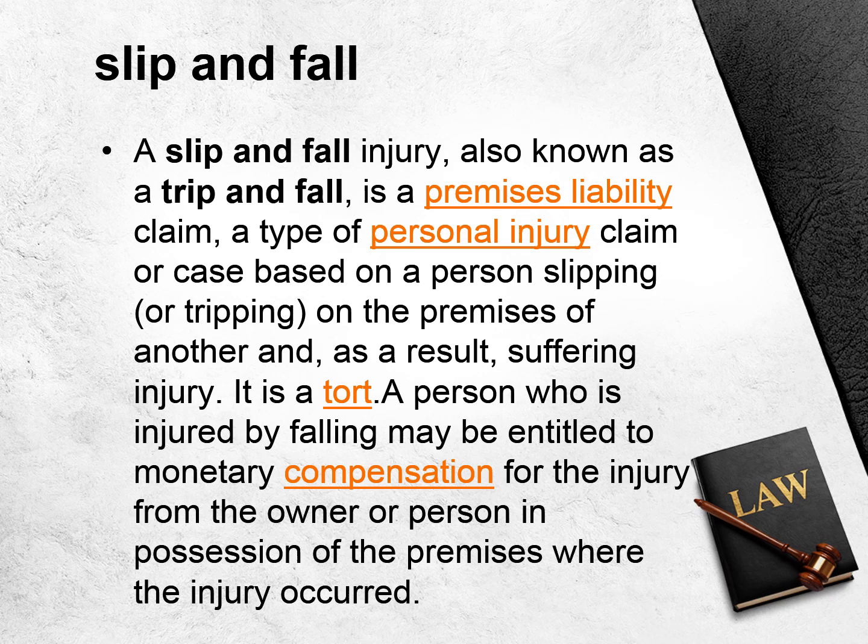This means that if you slip and fall at the local post office or the school or other place of public access, you may be able to put a claim in for compensation. Now, the problem with this is you have to prove negligence on the part of the property owner.